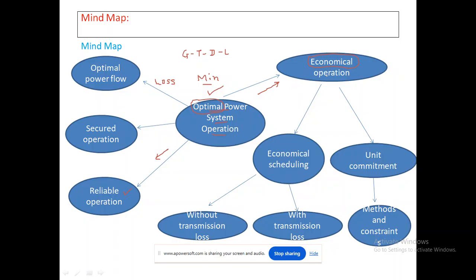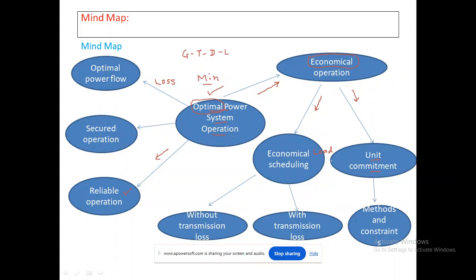That is what we call economical operation of the power system. This economical operation is divided into two parts. One is economical load scheduling, and the second one is unit commitment.